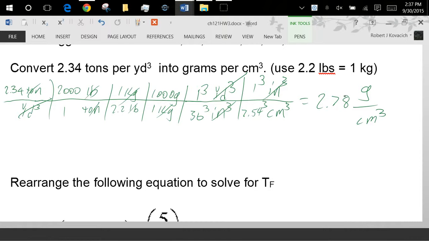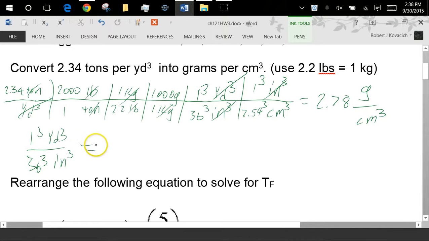So yards cubed, 1 cubed, 36 cubed, inches cubed. When I write 1 cubed yards cubed, 36 cubed inches cubed, what's that equal to?